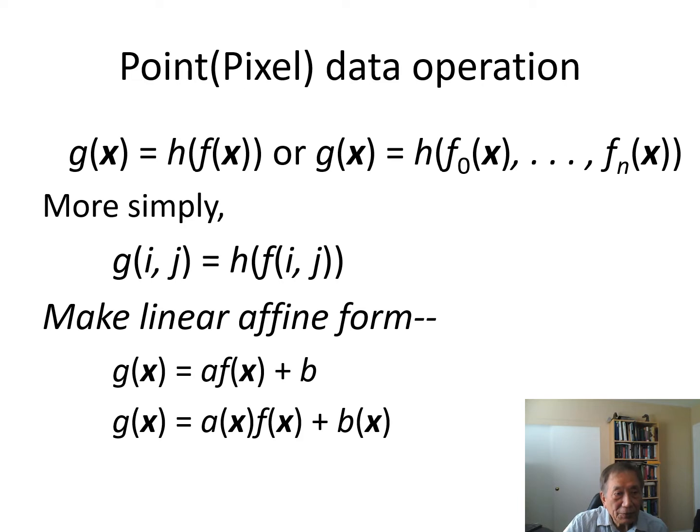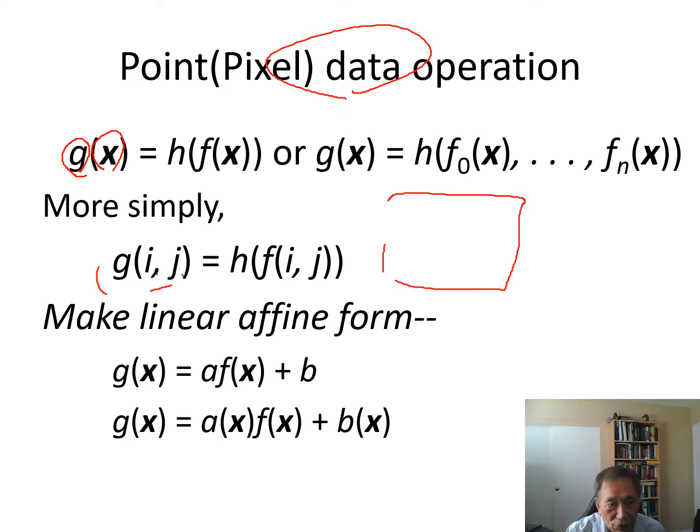So there are so many different things you can do for the given image that you have captured. Okay, so the first one, chapter 3, section 1, talks about pixel or point data operation. So g is the function, x is the pixel value. So g of i j, this is a location. Of course, our picture invariably is two-dimensional and has rows and columns.